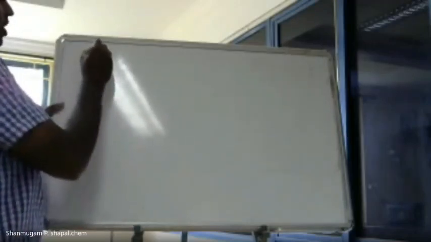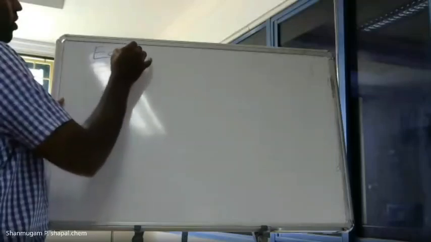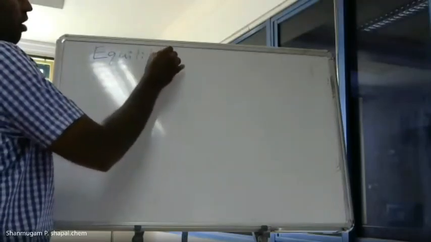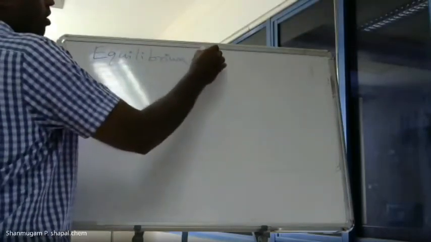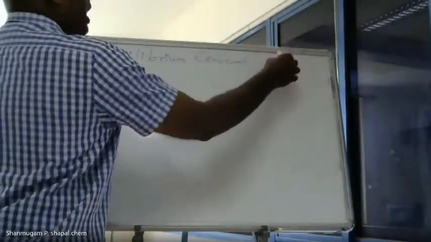What is the K value? Have you ever come across an equilibrium constant? Equilibrium constant. It is represented by K.